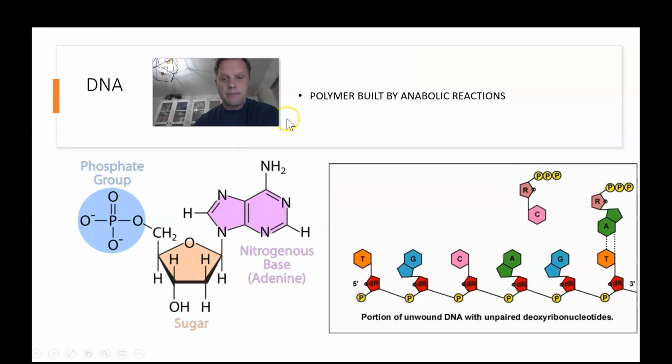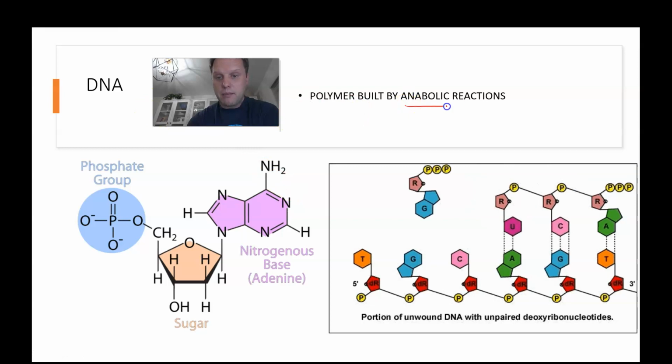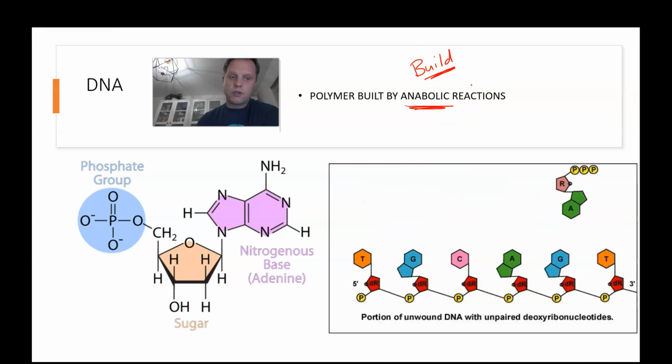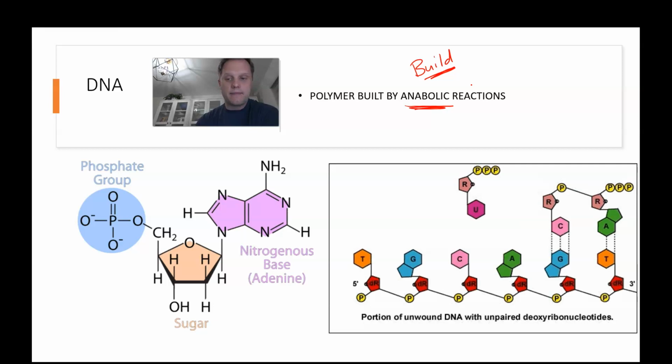Now, DNA is built from anabolic reactions. Anabolic means to build. When you think about anabolic steroids, you're building muscles. So when we talk about anabolic reactions, we're building things. And DNA is built from nucleotides.